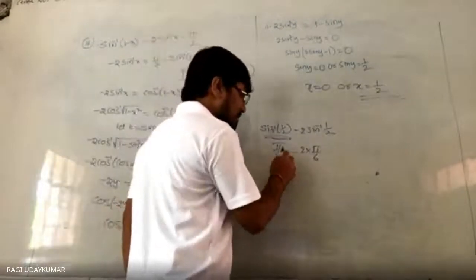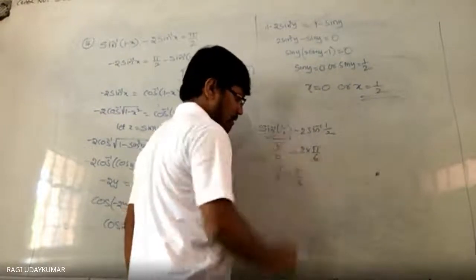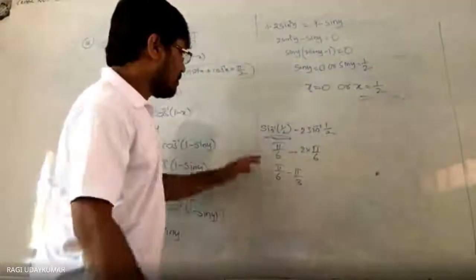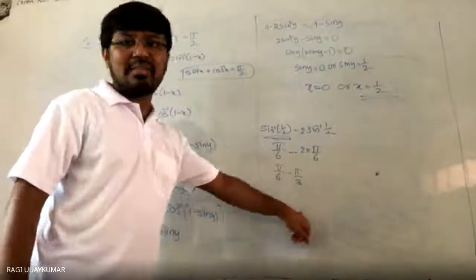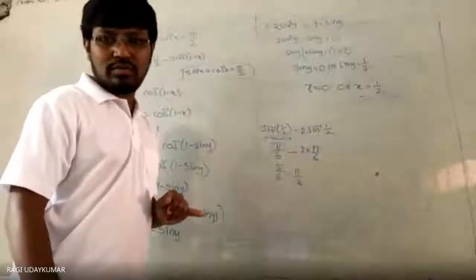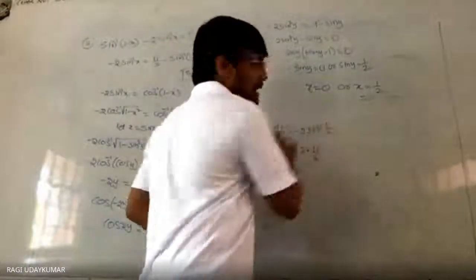That is pi by 6 minus pi by 3. So pi by 6 minus pi by 3 will not be equal to pi by 2. Pi by 6 plus pi by 3 equals pi by 2, so that does not come.